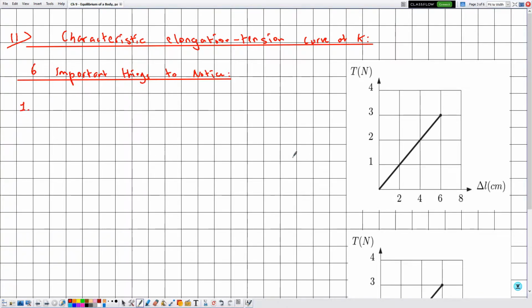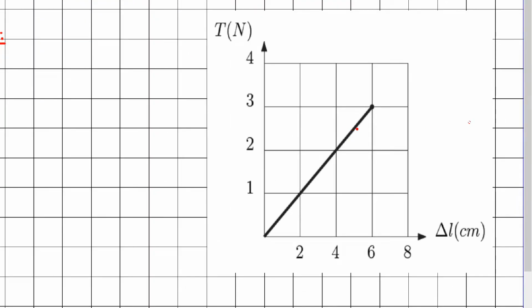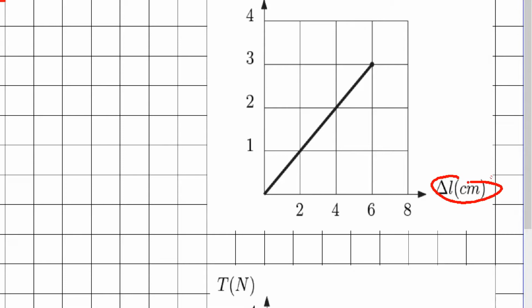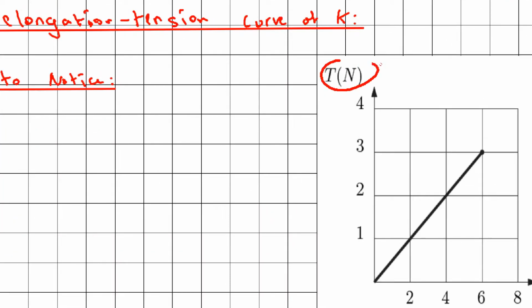Let me start by idea number 1, which is the shape of the curve, because the shape of the curve is important for us. And in this case, the shape of the curve is a straight line passing through the origin. Then why are we naming it the elongation tension curve? Because the x-axis is labeled by the elongation, as for the y-axis it is labeled by the tension.